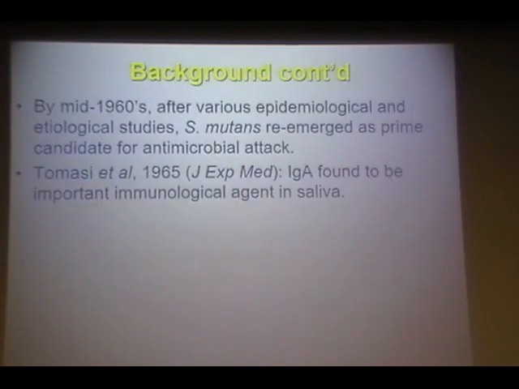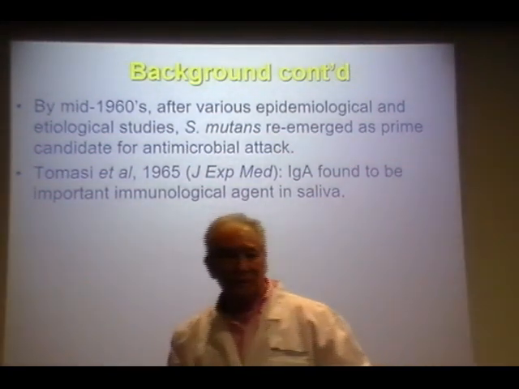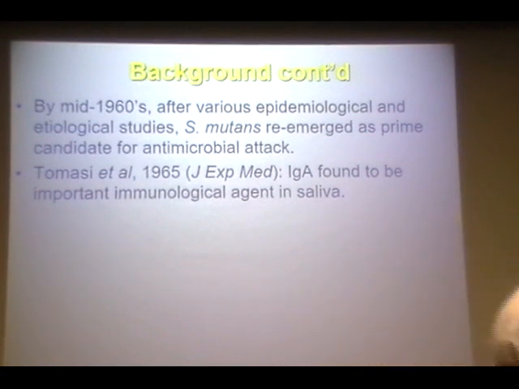And then in the mid-60s, after a number of epidemiological and etiological studies, this guy reemerged as the causative agent, to which we now believe plays a role in about 80% of caries, at least in the United States.